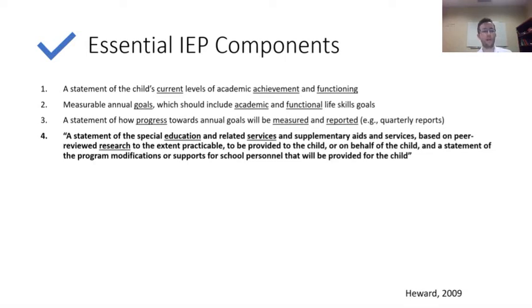And this is one of the essential IEP components that we're going to focus on largely in this unit as we talk about evidence-based practice. That is a statement of the special education and related services and supplementary aids and services based on peer-reviewed research to the extent practicable, that means possible, to be provided to the child or on behalf of the child, and a statement of the program modifications or supports for school personnel that will be provided for the child.